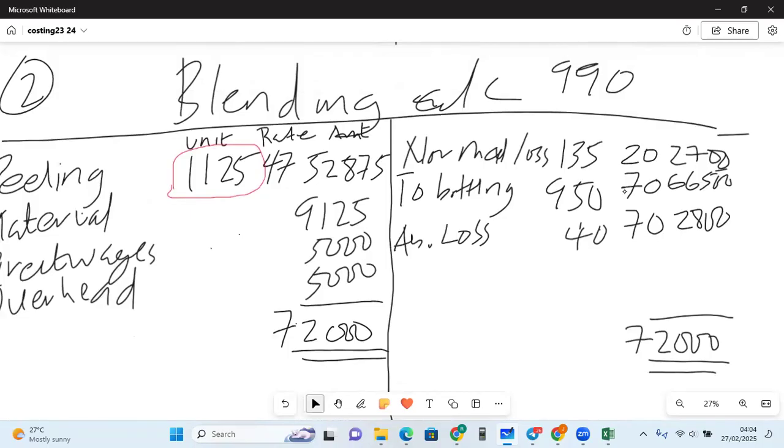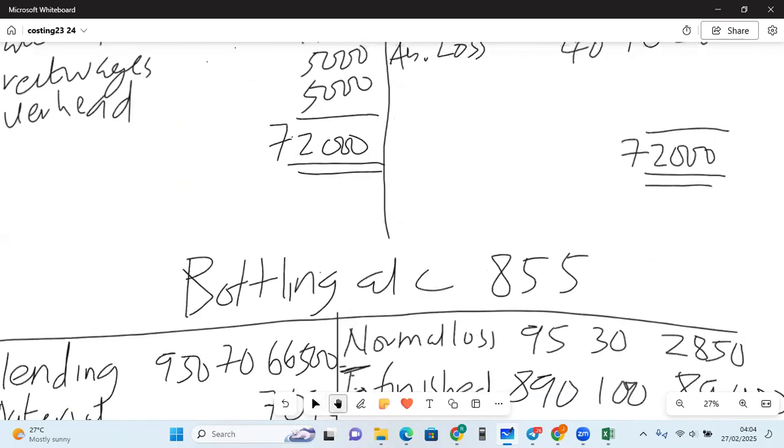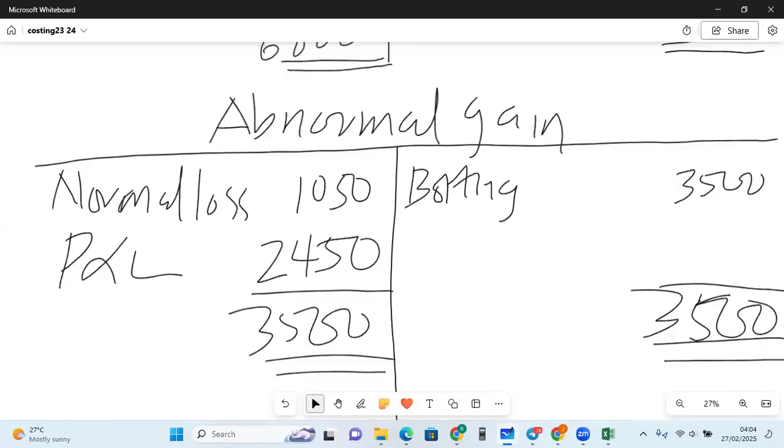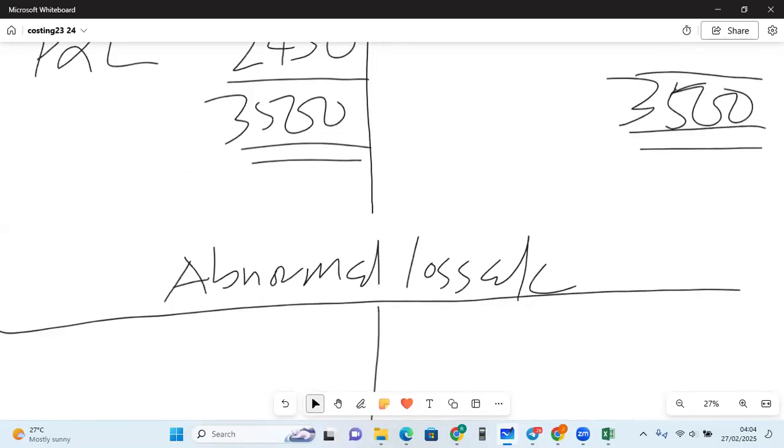We had abnormal loss in blending. And then it was 2800. So blending, is my screen messing up.